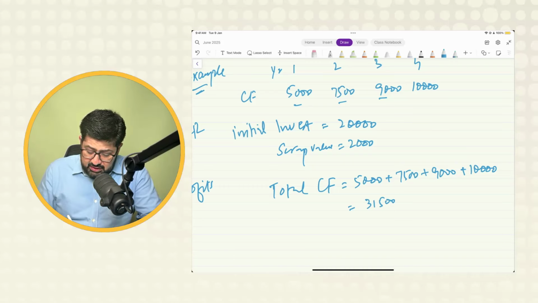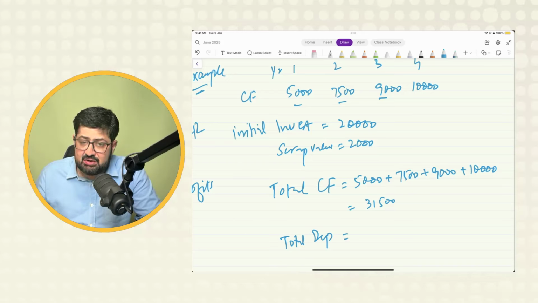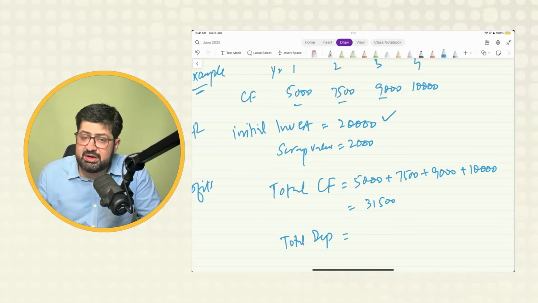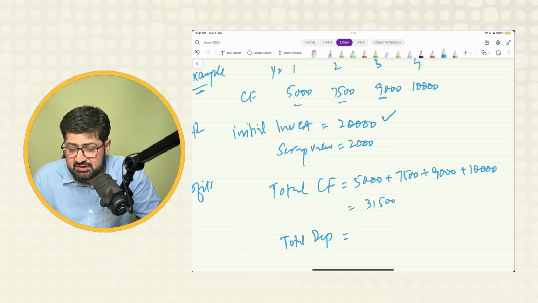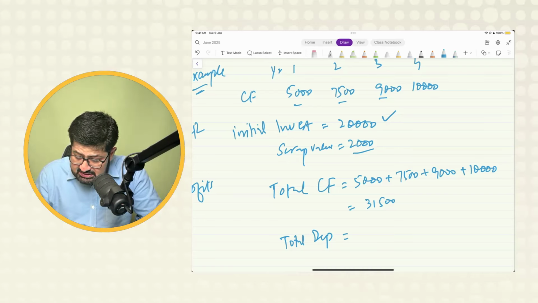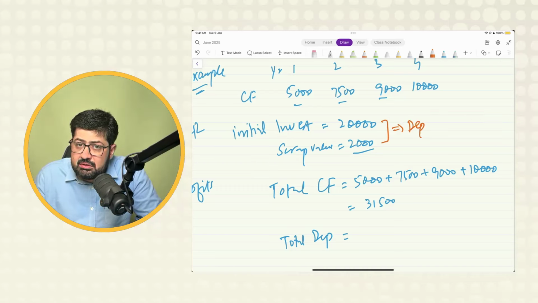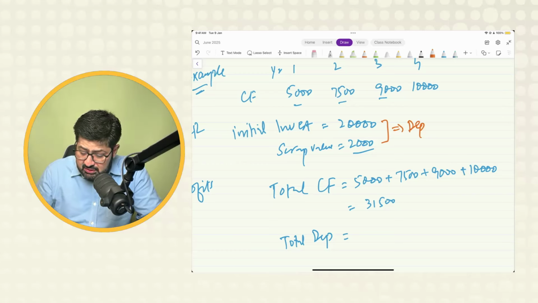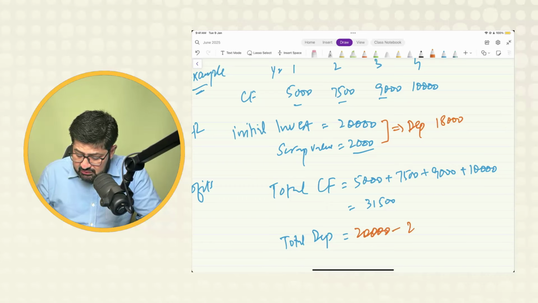Now we need to calculate total depreciation, non-cash expense. Initial investment of the project is 20,000, the scrap value is 2,000. So the difference is the depreciation, that is depreciated through the life of the project. What is that? 20,000 minus 2,000, that is equal to 18,000.